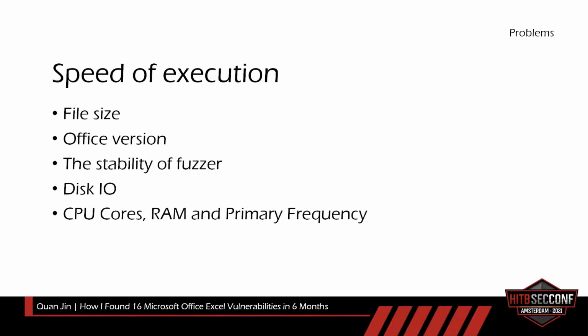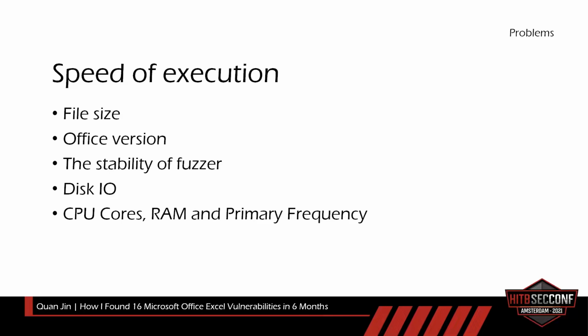Speed of execution. When other conditions remain unchanged, the speed of fuzzing directly affects the output efficiency. After some testing and evaluation, I think the main factors affecting Excel fuzzing are as follows: file size, Office version, the stability of the fuzzer, disk I/O, CPU cores, RAM, and primary frequency.